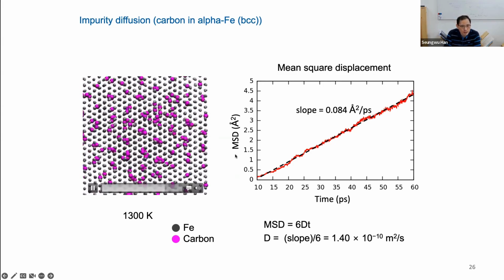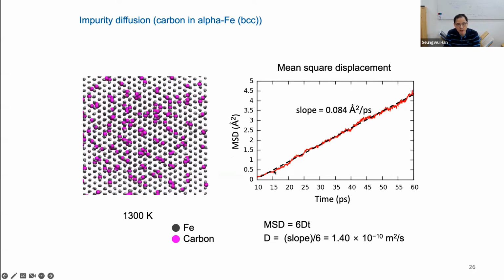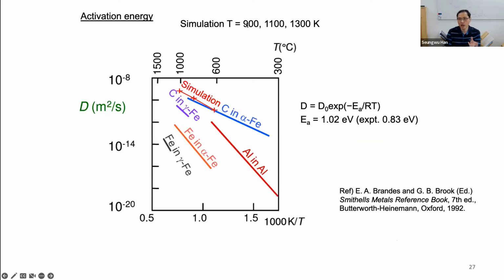And so you can see these interstitial carbon atoms are moving around, and from that trajectory, we can calculate the mean square displacement, and it has an almost linear slope. And this slope gives you a diffusion coefficient, which is 1.4 times 10 to the minus 10 meters squared per second. And by changing the temperature, 900, 1100 Kelvin, we obtain more data.